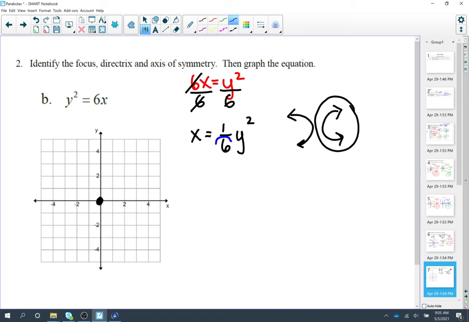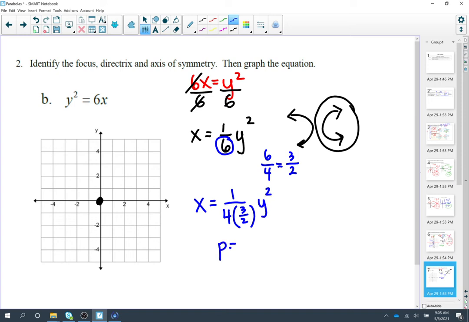Keep in mind that down here, that's 4p. So we're going to take 6 and divide it by 4. If you simplify that, that's 3/2. So really what you're looking at here is x equals 1/4 times p, which we just found was 3/2, y squared.